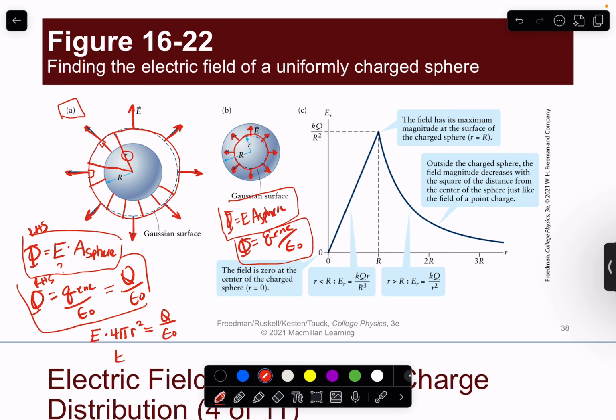Now I can solve for E. And if I use K, boom, the electric field outside of a physical three-dimensional charged ball, not a point charge, but a charged ball, is actually identical to that of a point charge, right? This is the same as a point charge.